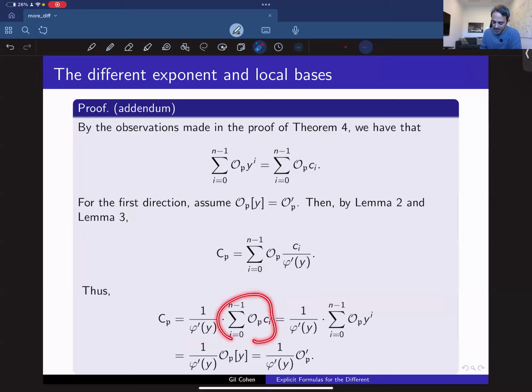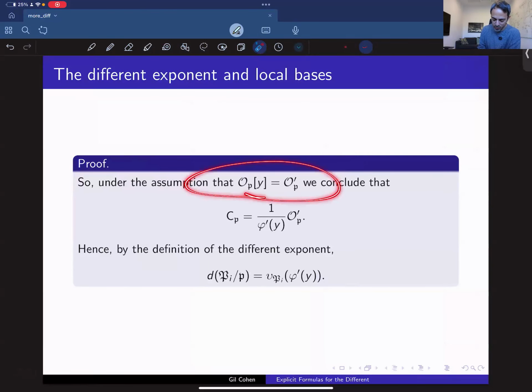Now for the OPCI, as I said here, you can replace the CI's with the y to the i's, which is just another way of saying OPY. And using our assumption in this direction, we can replace this OPY with the integral closure of OP. So we just proved that under this assumption, the complementary module is precisely this thing. This is the TP that we cared about.